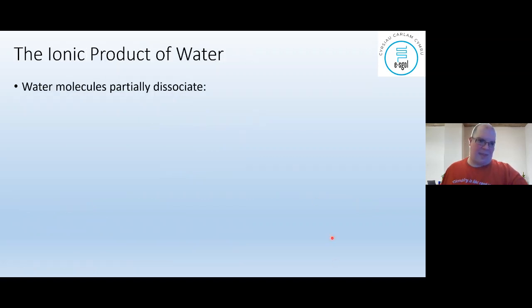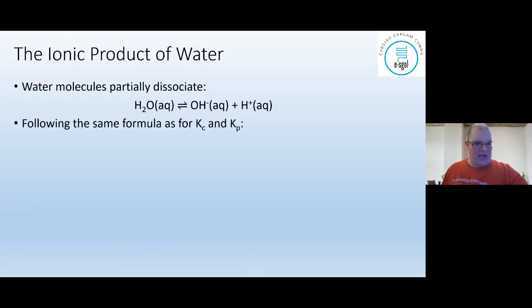Right, okay, so we also need to know about the ionic product of water. Water molecules partly dissociate into H plus ions and OH minus ions. Not very much at all, but we use the same formula as we've done for Kc and Kp, and we end up with Ka. This is a special case: OH minus times H plus over H2O.